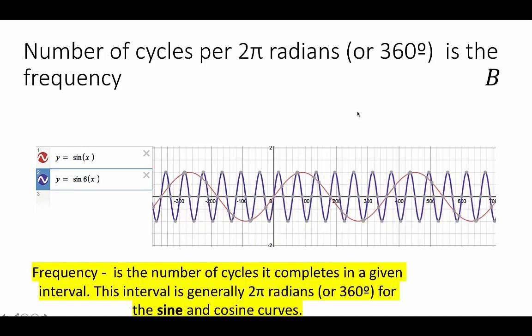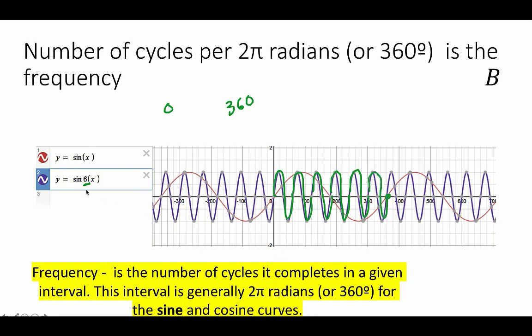So putting them all together, if you have y equals sine 6x, this 6 means that we will have 6 cycles in the period from 0 to 360. We can verify that. 360 is this point. Let's count the number of cycles: 1, 2, 3, 4, 5, and 6.